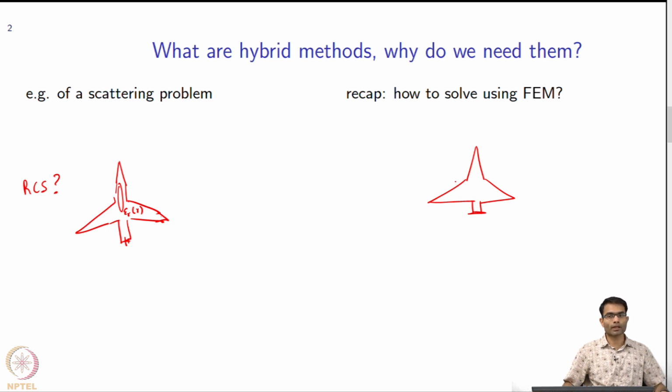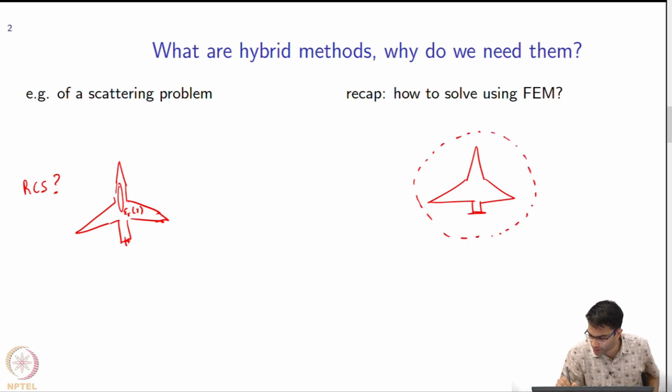Is it the boundary of the aircraft or a little bit more? A little bit more. Why? Because I need to apply the boundary condition, and the simplest boundary conditions which we have learnt are absorbing boundary conditions, and for that we have seen that there needs to be a little bit of air gap between the object and where I terminate the boundary, right. So I may have a boundary like this.